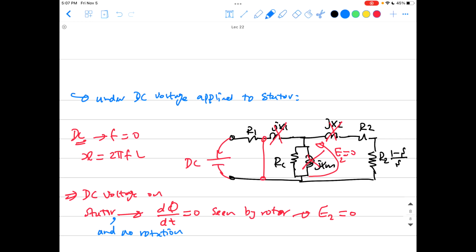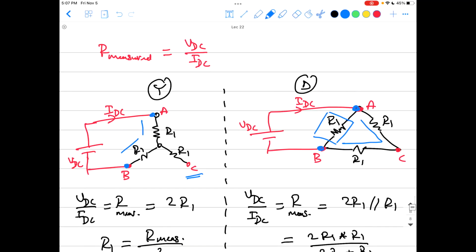So there is no induced voltage in the rotor winding, and that means you have a short circuit over the rotor, and you don't have anything else in this whole circuit but your R1. That's why I'm saying, if you measure the voltage and the current, you can find this R1 easily. And that's why we're doing this, guys.